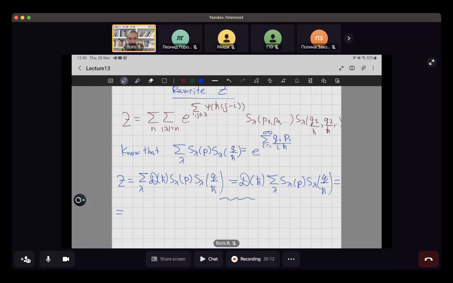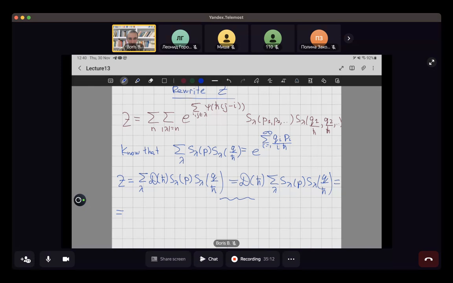And finally, we know how to rewrite Z in terms of operators on the bosonic Fock space, and now how to write H in terms of the operators in the Fock space.